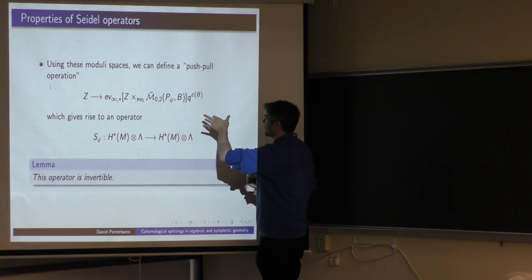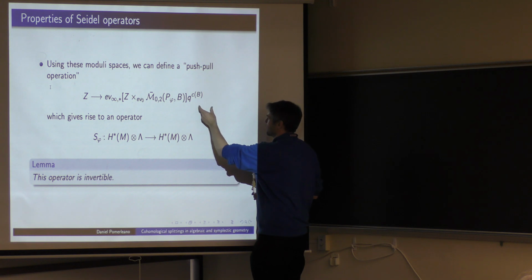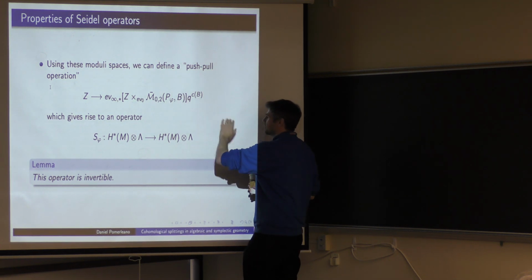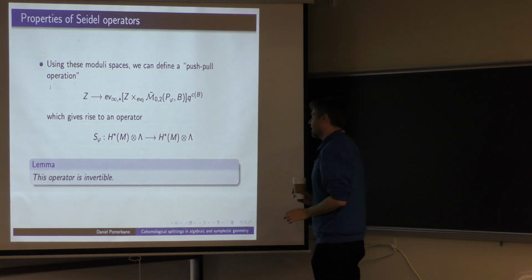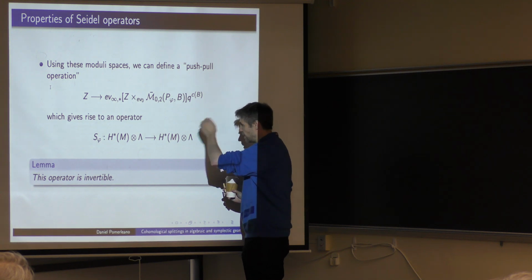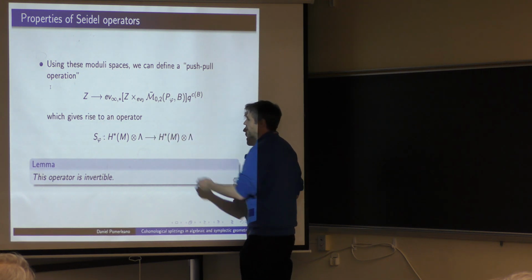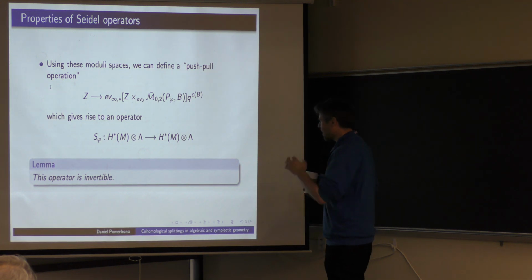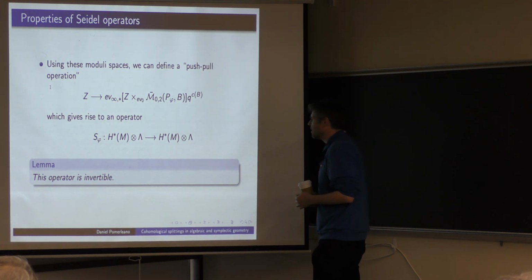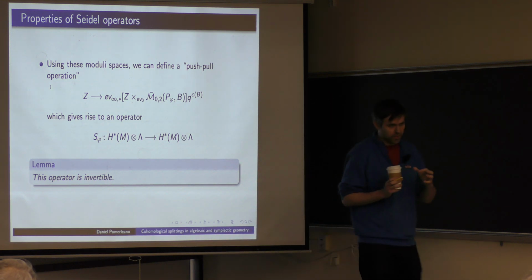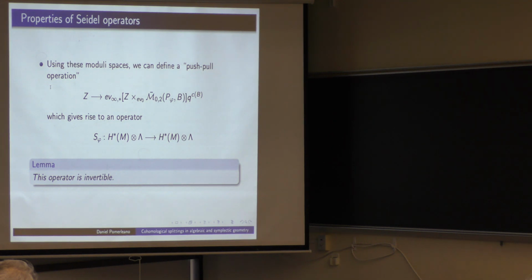You have a parameter that measures, roughly speaking, the area of your section class. And you get something called the Seidel operator from the cohomology tensor some Novikov ring to the cohomology tensor that Novikov ring. This Seidel operator is a very interesting thing because it's actually an invertible operator.